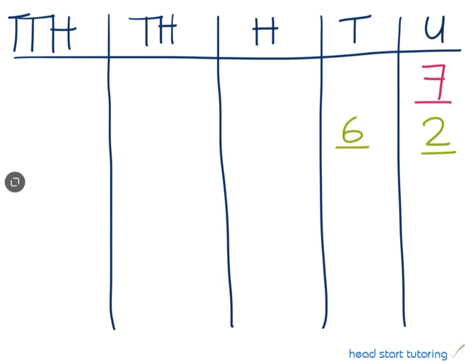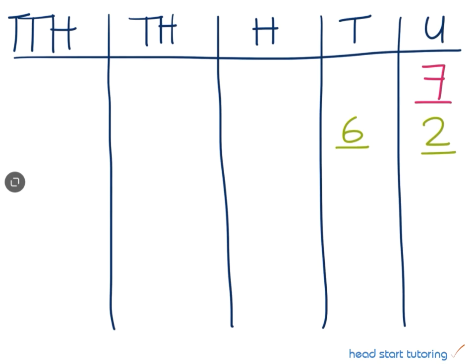So if you are asked how many tens are there in the number 62, there would be 6 tens. If you are asked how many units are there in this number, altogether there would actually be 62 units, because 6 tens adds up to 60 units.